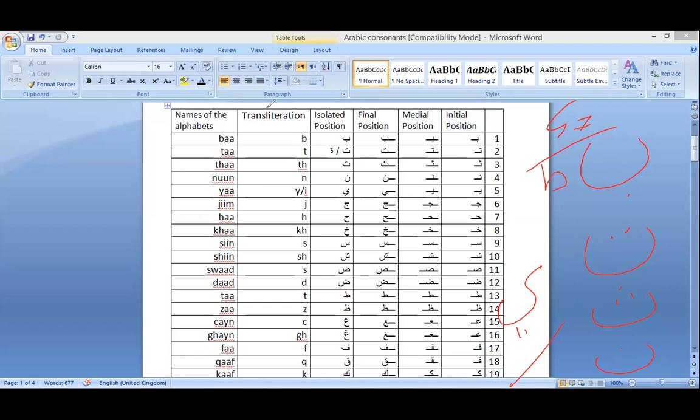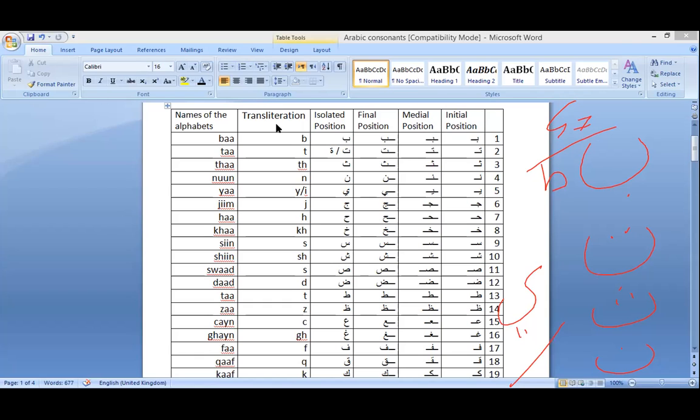This one is ba. Again, before I pronounce, there are two ways to pronounce, like any other language. You can just articulate them and you can name them. What do I mean by naming or just producing the sound?